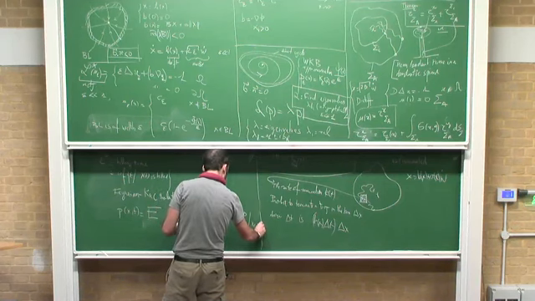So what is the meaning of this? X is the solution of the stochastic equation, which is this one.